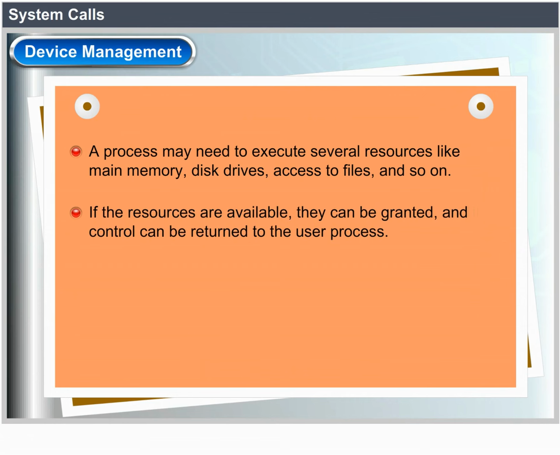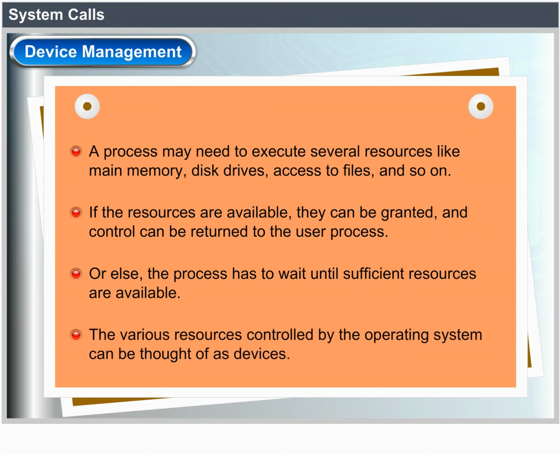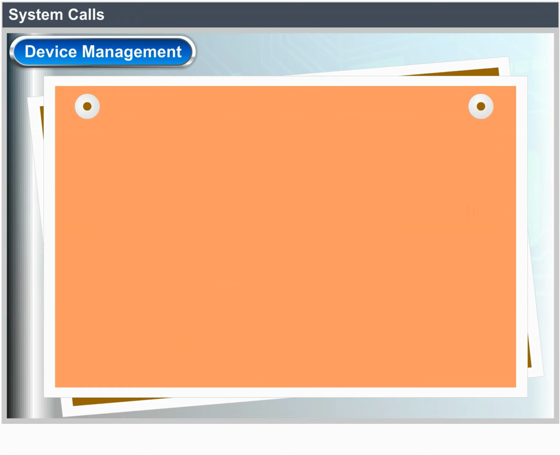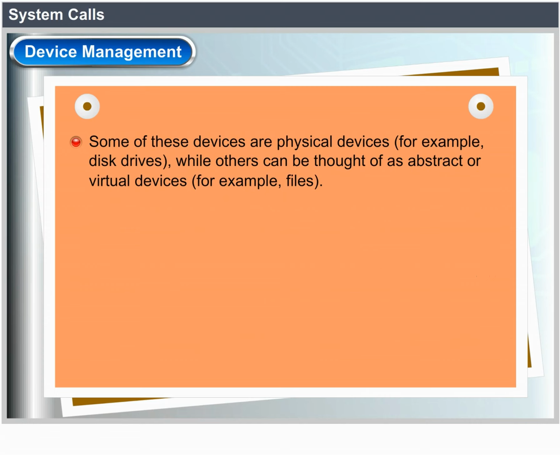Otherwise, the process will have to wait until sufficient resources are available. The various resources controlled by the operating system can be thought of as devices. Some of these devices are physical devices, for example, disk drives, while others can be thought of as abstract or virtual devices, for example, files.